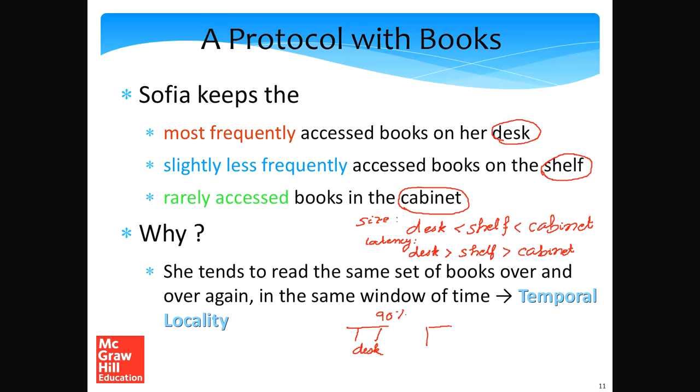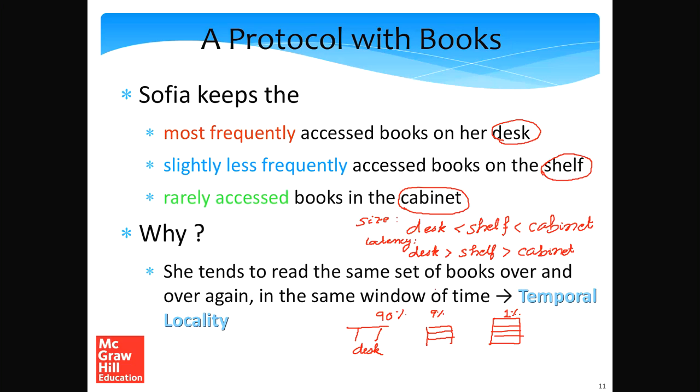Then again, it makes sense to have a shelf. And out of the remaining 10%, maybe 9% of the time, we can get the books from the shelf because the shelf is larger. And then again, we can have a large cabinet where the remaining 1% of the time we need to go.